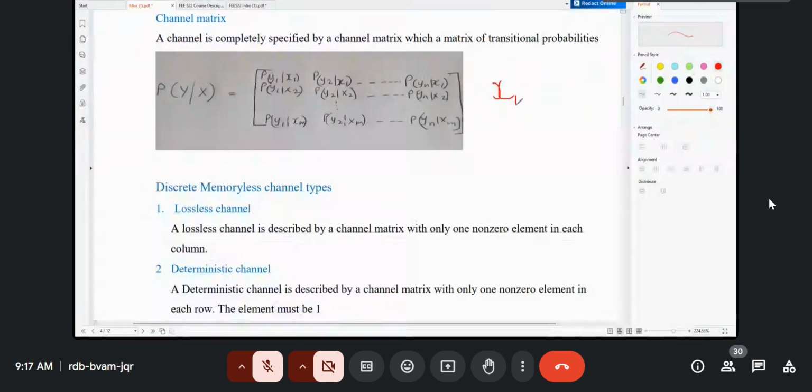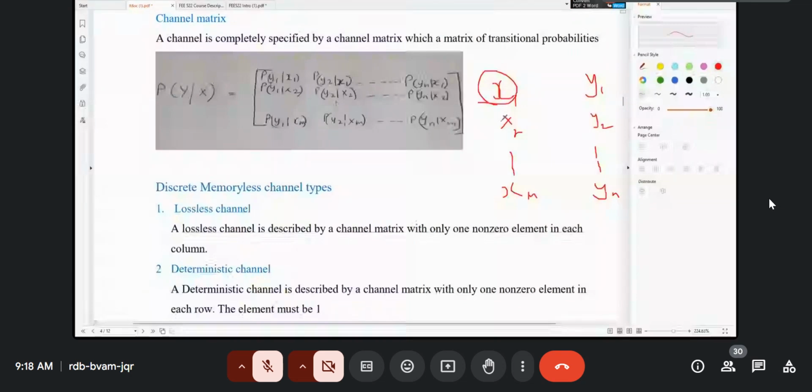Here is x1, x2 to xm, and there is y1, y2, to yn. The first entry is the probability of getting this given that this was transmitted. This one, the probability of getting this given this was transmitted. So the whole first row is the probability of getting each output given that x1 was transmitted.